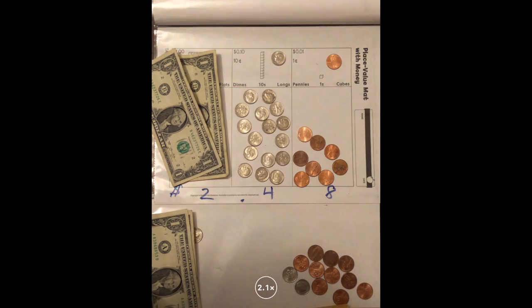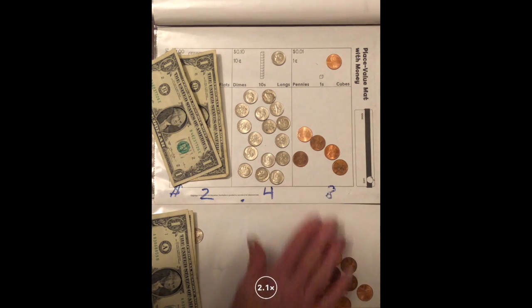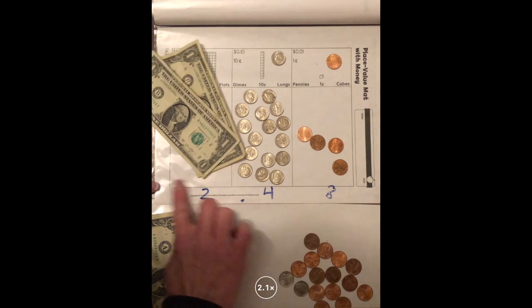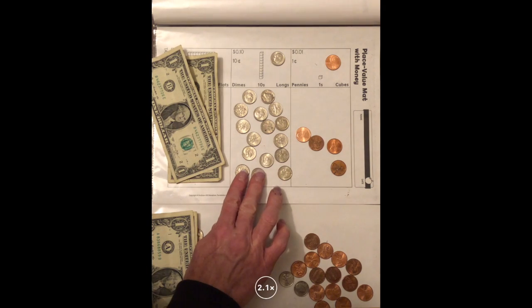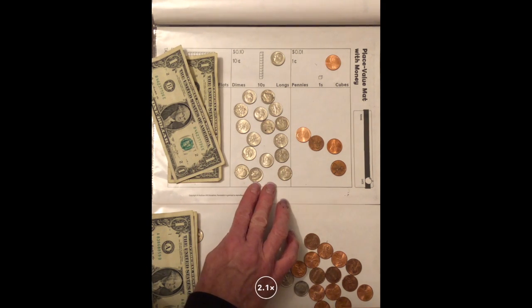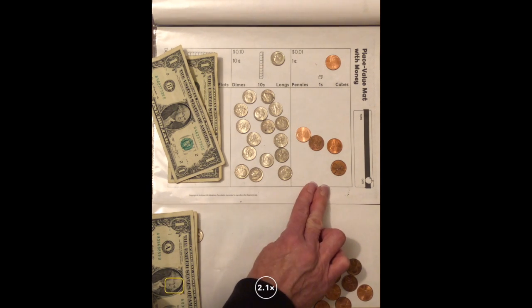So we got 16 dimes and 4 pennies. Okay, let's erase this. So 2 in our hundreds.